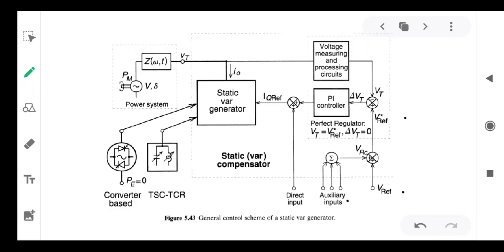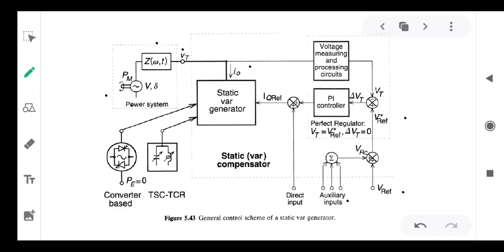So this is the power system. Pm is the mechanical input, and the power system parameters are V and delta, voltage and power angle. Z is the power system impedance, a function of omega and T. Vt is the terminal voltage of the system.